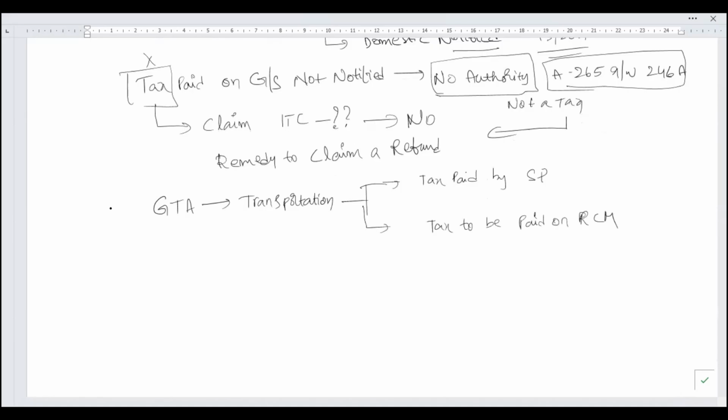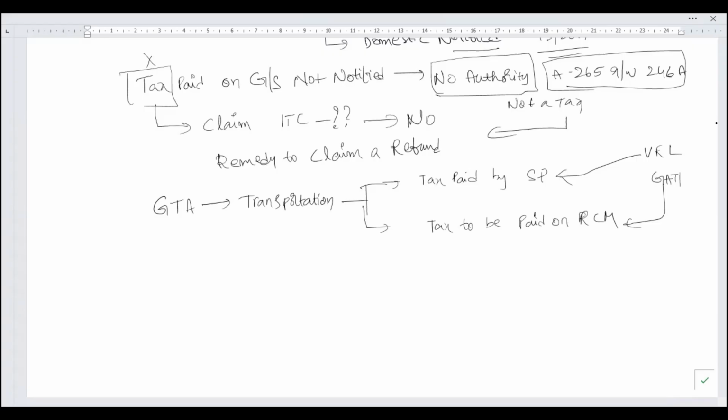If we take the example of VRL and Gati, these are two service providers who do transportation. VRL says, I will pay tax under forward charge. You give the money to me, and I'll remit it to the government. Gati, on the other hand, says, no, I'm not going to pay the tax, I will ask you to pay it to the government. So either the service provider will pay or the service recipient will pay.